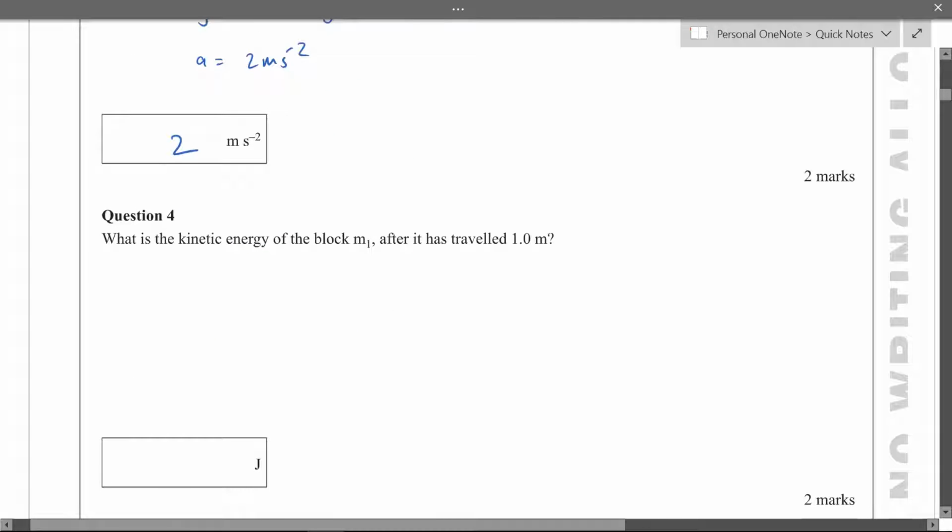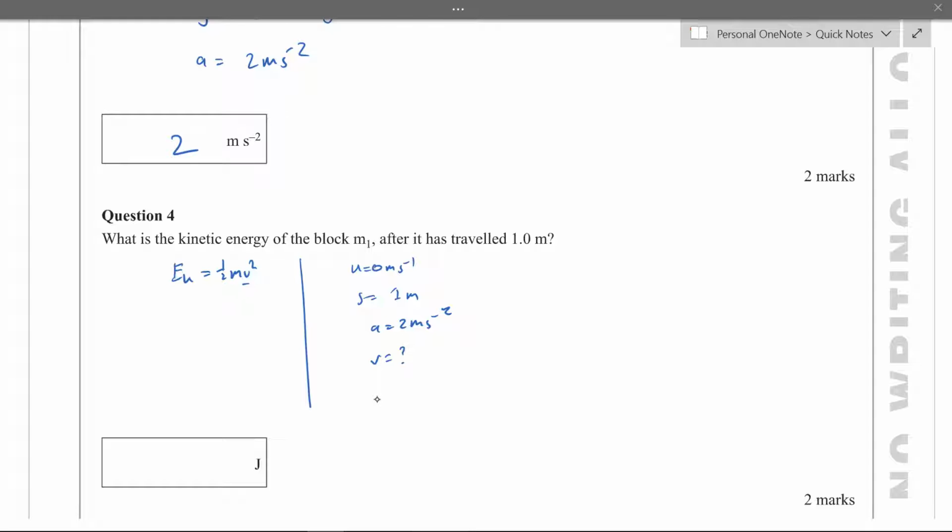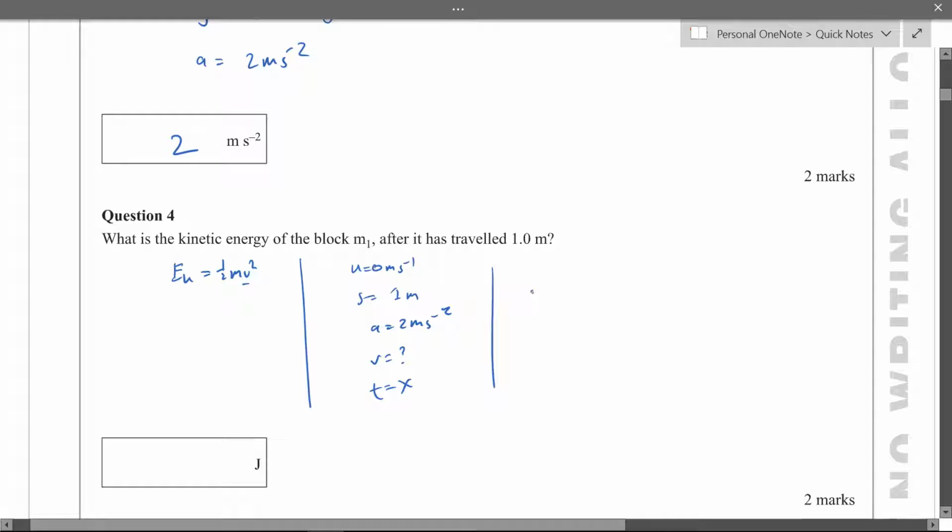So what's the kinetic energy of the block m1? So Ek is half mv squared, but we don't know v, so we have to use our constant acceleration formulas to find it. The one thing we don't have is t. So the equation that doesn't have t is v squared equals u squared plus 2as.